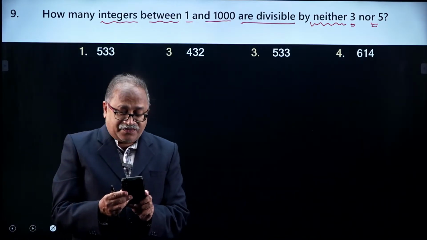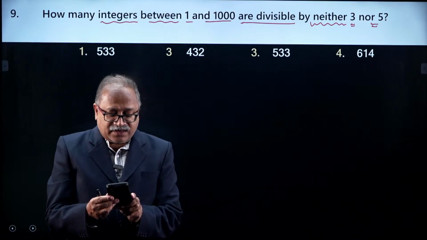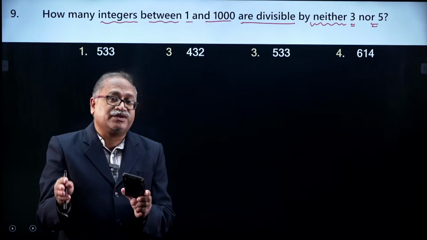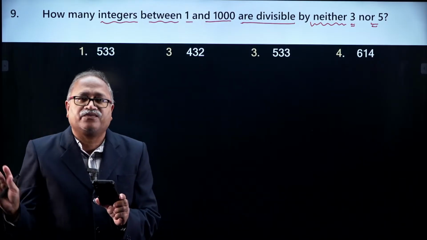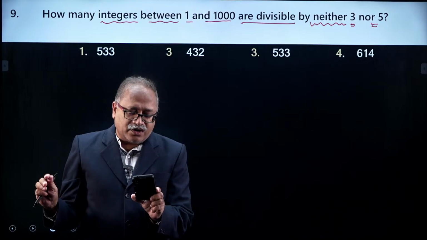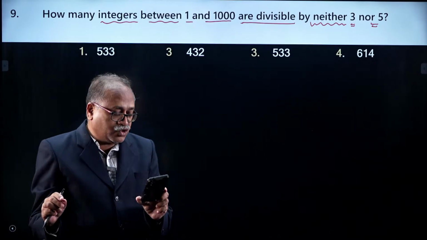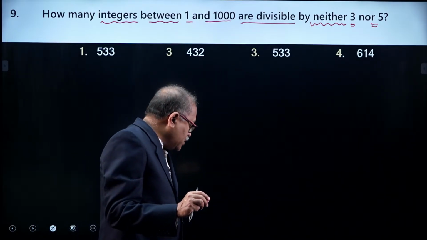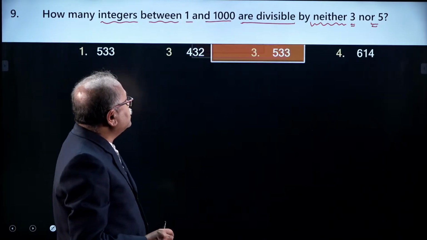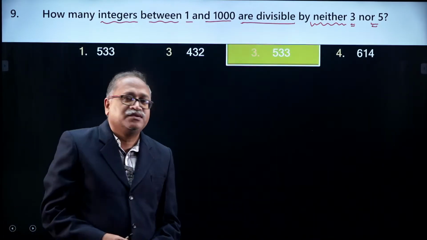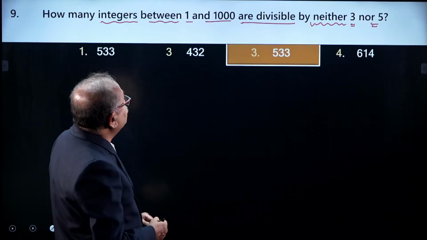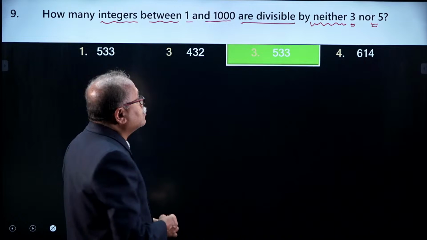Appal Naidu is very good, whether you talk about reasoning or any chapter of arithmetic. Oh, good, Pandu has already said 533. Both Appal Naidu and Pandu have said 533. What is the option? Option 3. Let me check that. That's right. So, within a very reasonable time you answered this question. That means you know how to answer it.